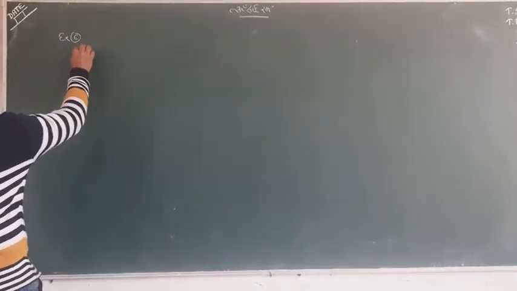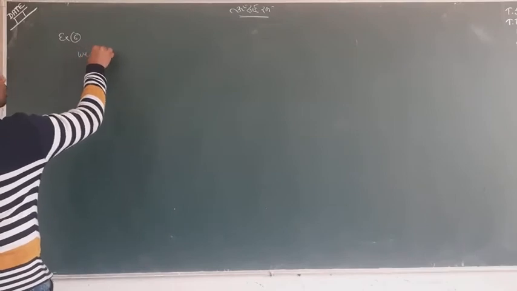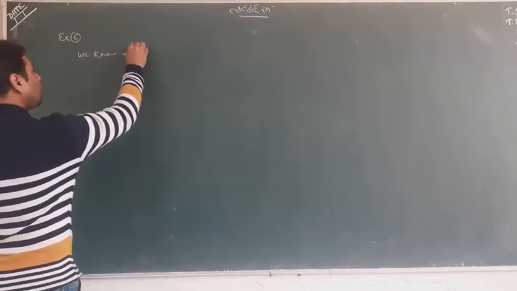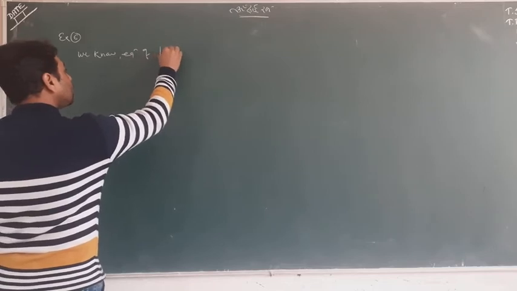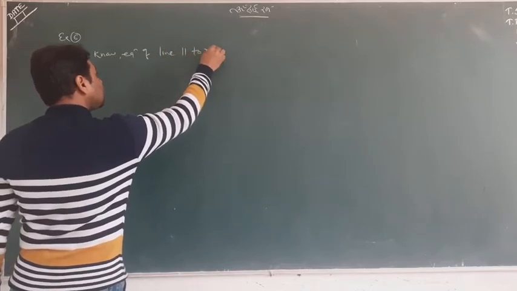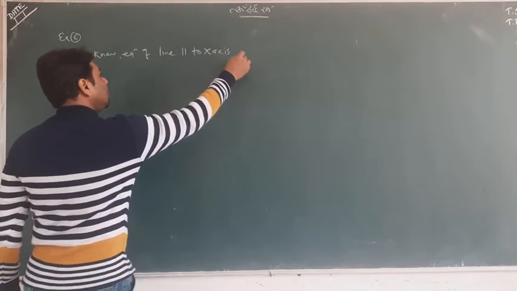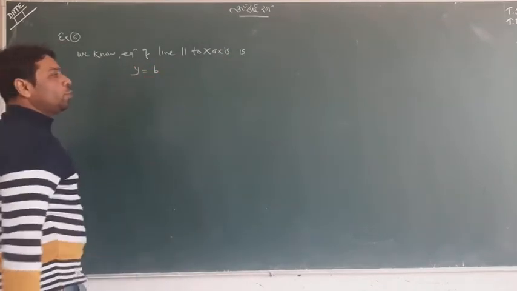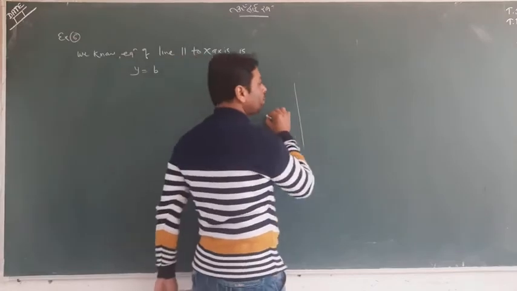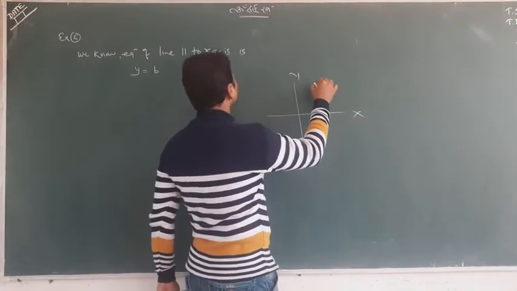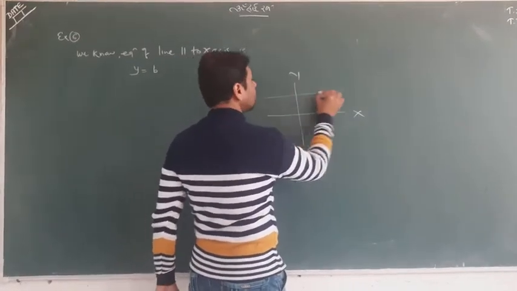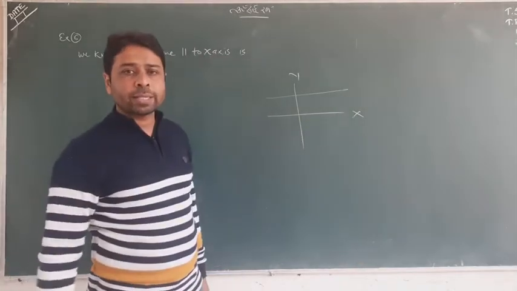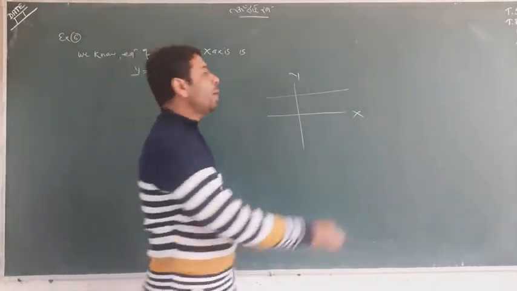So first of all, we know that the equation of line parallel to x-axis is always y equal to b. You remember that I taught you this. Any line parallel to x-axis is definitely y equal to b.